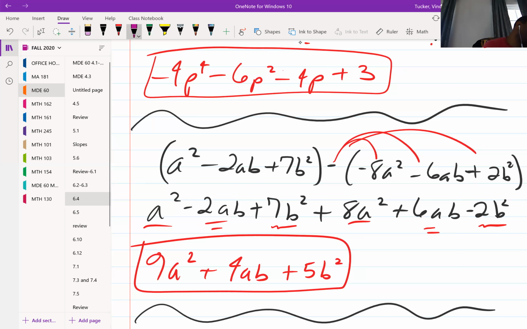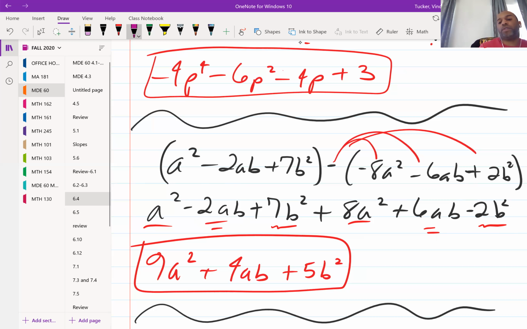All right, questions? Any questions? Is the section number for us 6.42, or do we have another section number for this section?